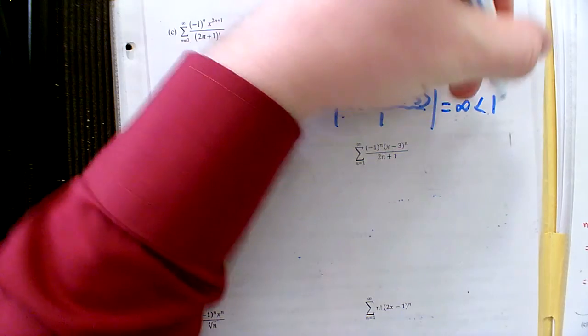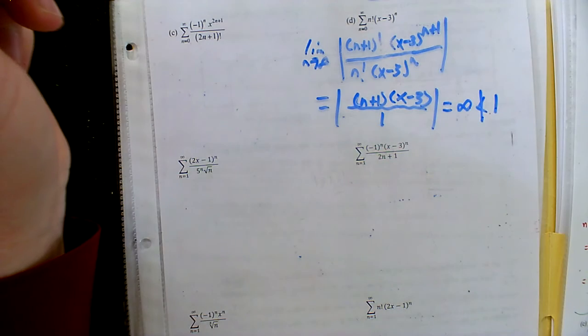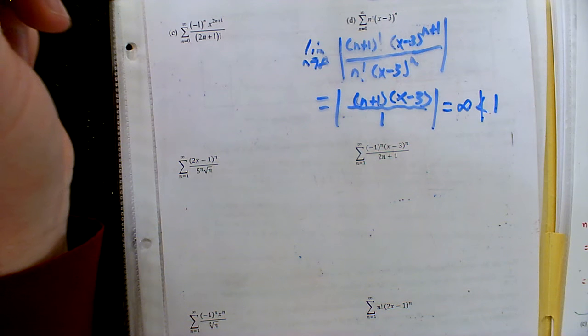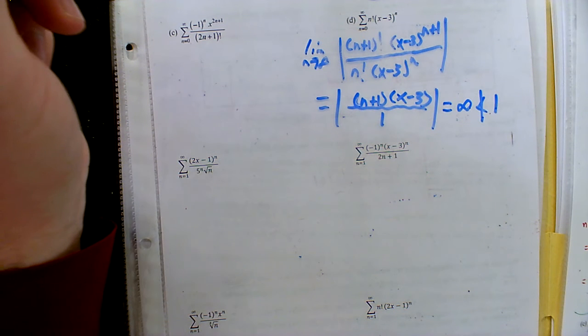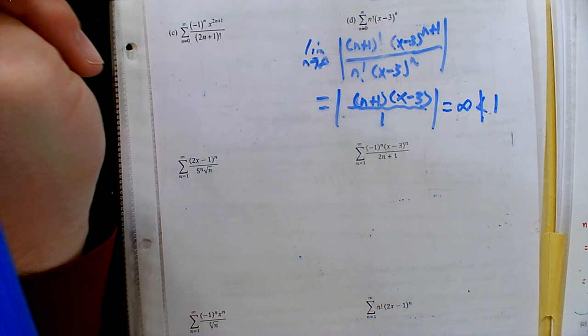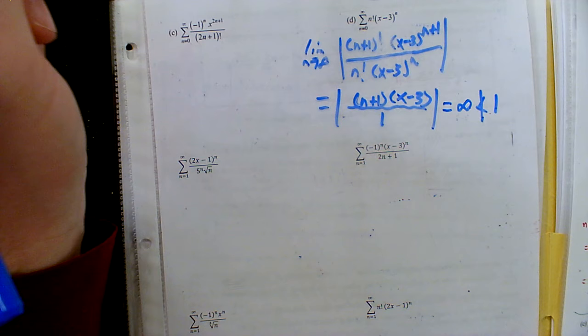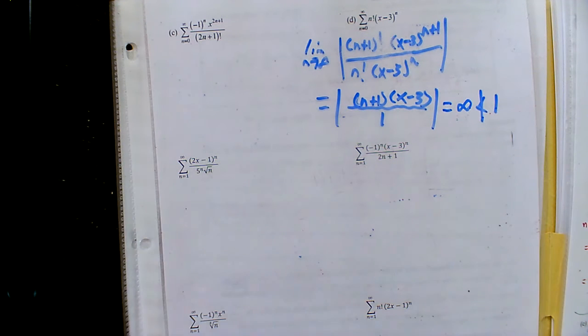Infinity. We want it to be less than 1. Is that true? No, that's not true. Do we have a radius of convergence? No. So if we don't have a radius of convergence, if you're not sure, look back at those 3 rules we had yesterday. What do we know is true if we don't have a radius of convergence?